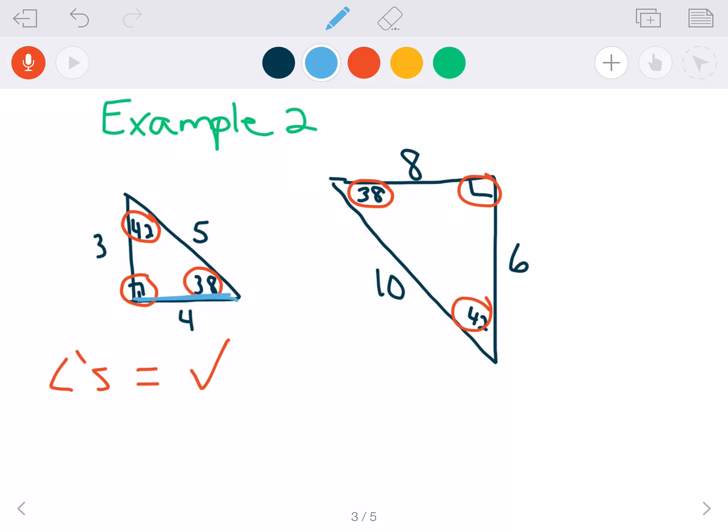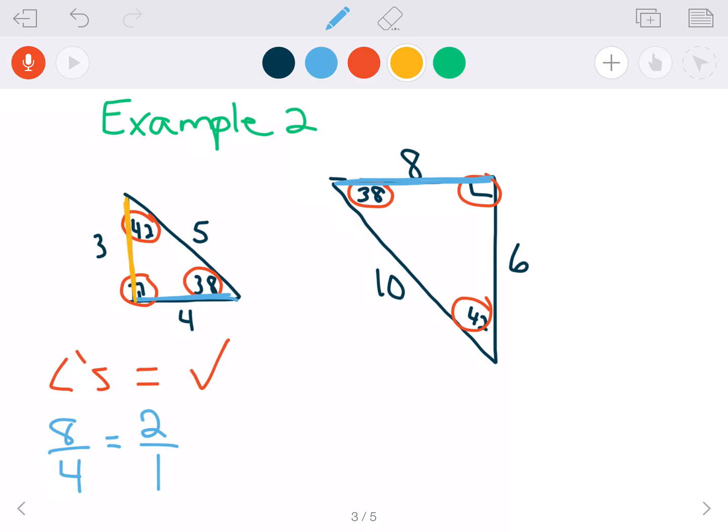So first one we're going to look at is the one that connects the 90-degree angle with 38 degrees. This triangle is flipped upside down. So we've got 90 degrees and 38 degrees. So we've got 8 over 4 or 4 over 8, doesn't matter.